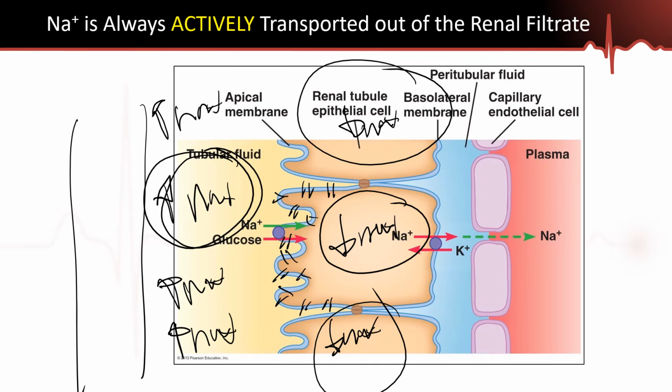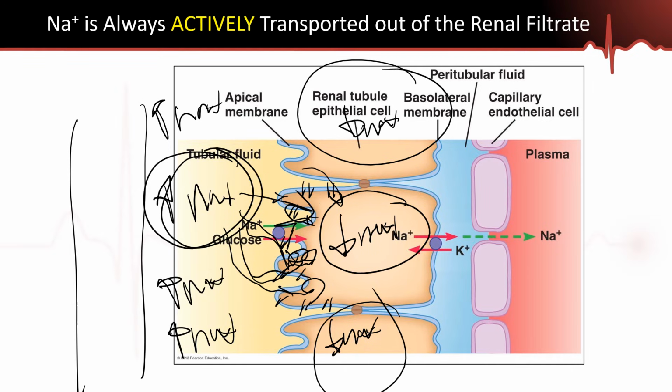And these leak channels serve as a passageway for sodium ions. I know that's not exactly what the image is showing you, but I promise you that they're here. It allows sodium to travel through these leak channels and actually enter into the cuboidal epithelial cell. If you remember what we call this, that's great. But if not, I'll remind you, it's called diffusion through channels.